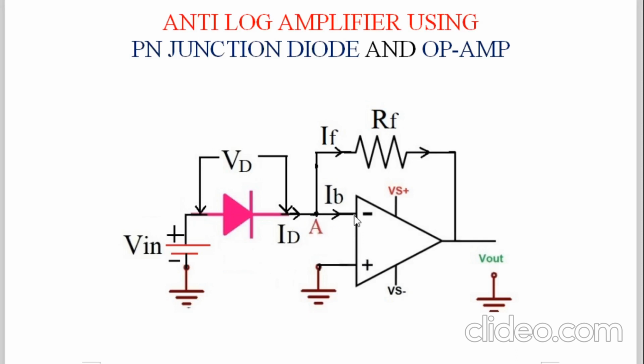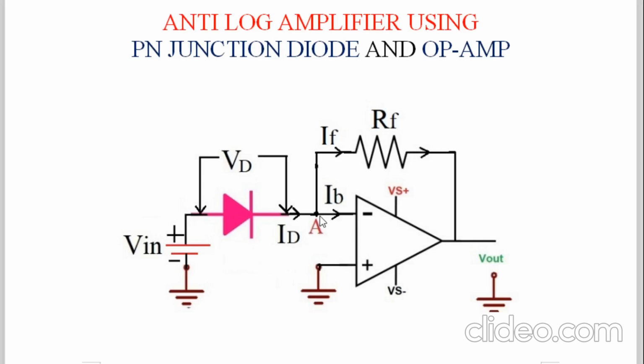One is IB, the base current of the transistor present inside the op amp. A very little part of ID is absorbed as base current by the operational amplifier, and the maximum current, 99.99% you can say, is diverted to the feedback path, that is the feedback resistor RF.